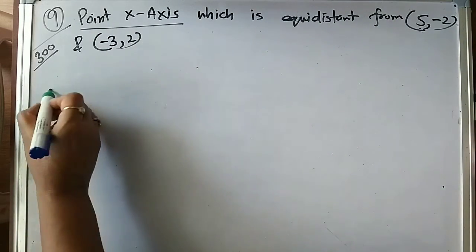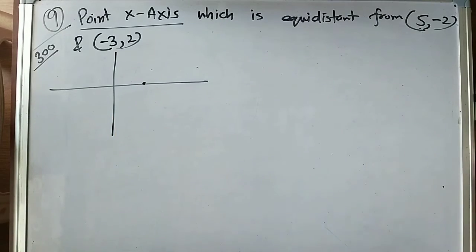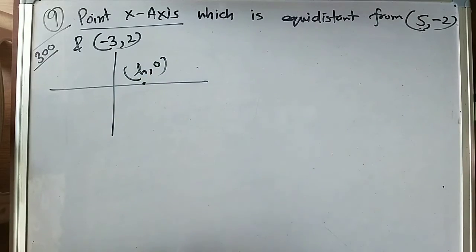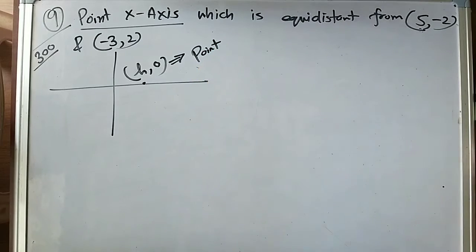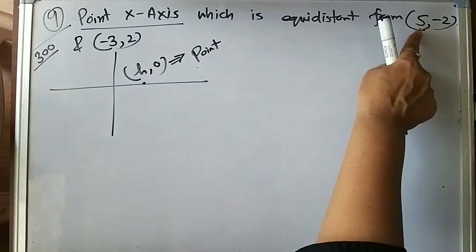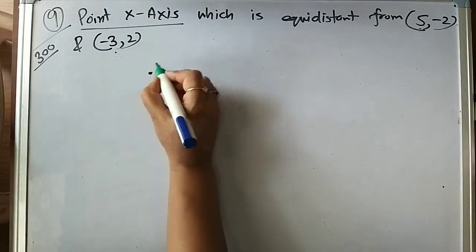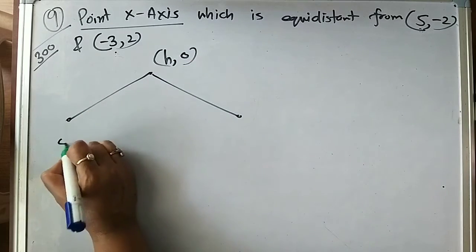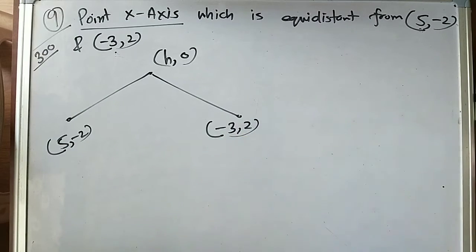If I want to make a rough sketch, there is some point on the x-axis. On the x-axis we always take a point of this form. So this is the point which I am assuming. This point is equidistant from 5 comma minus 2 and minus 3 comma 2.